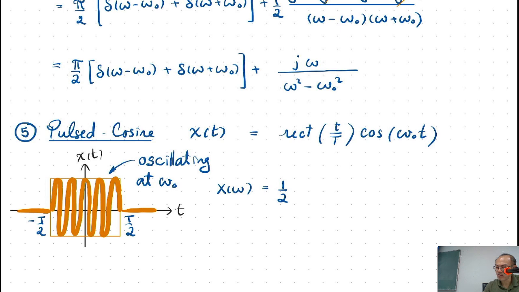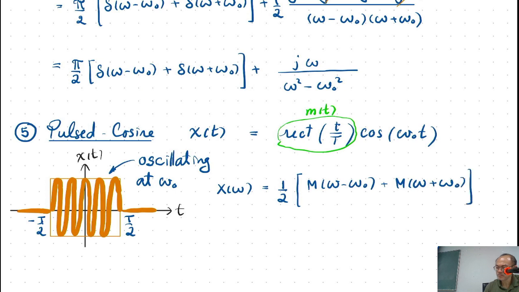I'm going to call the rectangular here M. From an example that we did, the inside would be M omega minus omega 0 plus M omega plus omega 0, where M is the rectangular's transform.